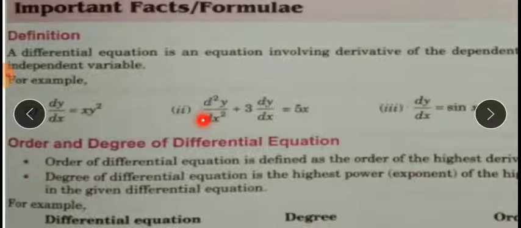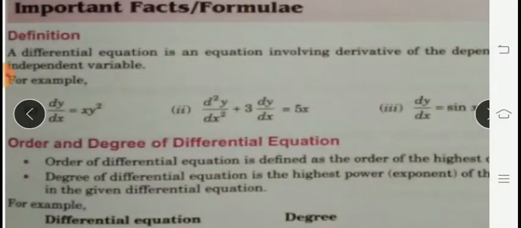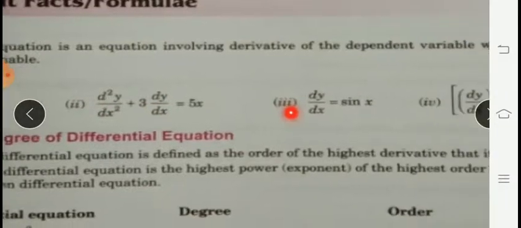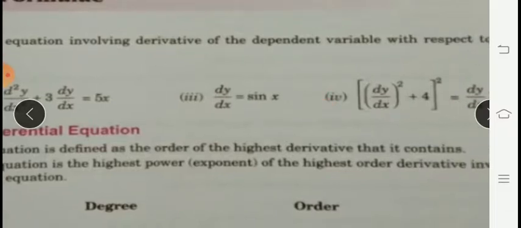Here d2y by dx2 plus 3 dy by dx is equal to 5x. This is the second derivative and this is the first order derivative. Similarly, you can see here dy by dx is a derivative, but sin x, where x is an angle, behaves like a constant by substituting the value of x.